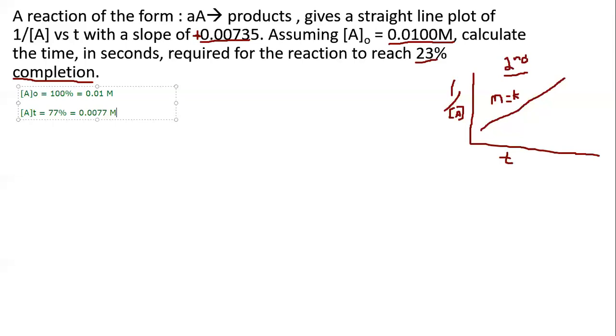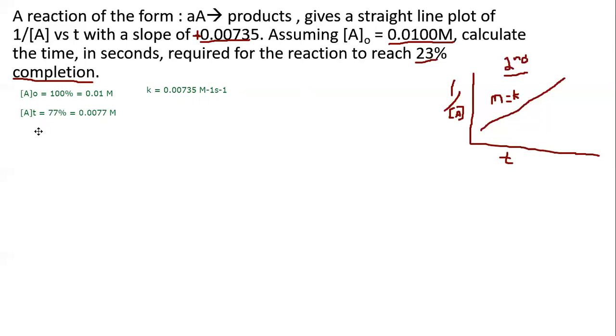You have to actually use concentration. So now we have the concentration at A naught and at time T. Again, the slope equals the K, so we know what K is. And since it doesn't give us units of K, we'll just assume that the unit includes seconds. So remember, second order is molarity per second. So now we have K, and we have our initial concentration and final concentration.